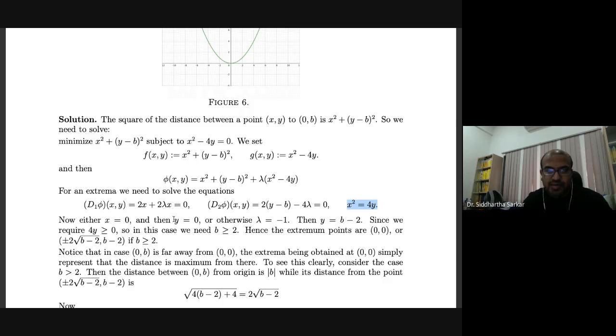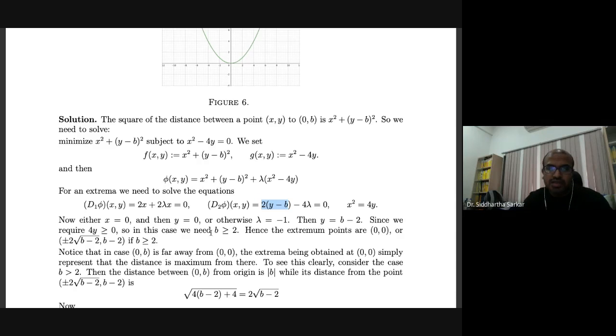I'll discuss this. If you avoid this, you get lambda equal to minus 1 from the first. Now, if we put lambda equal to minus 1 over here, you end up getting y equal to b minus 2. And we also require 4y should be greater than or equal to 0.